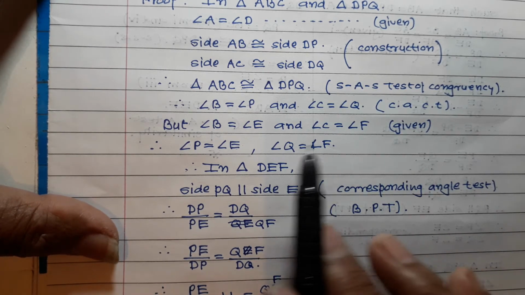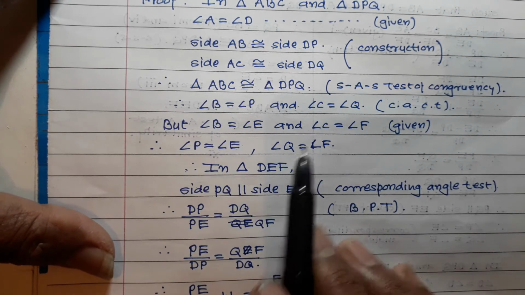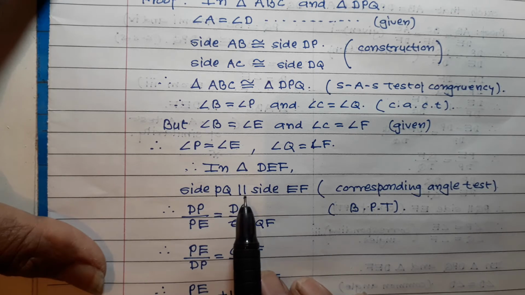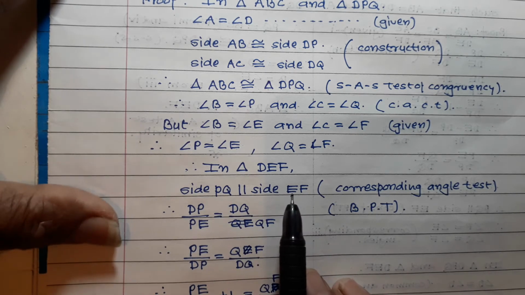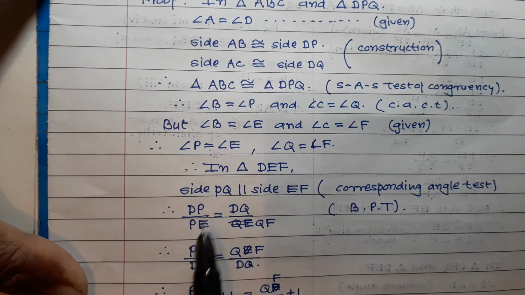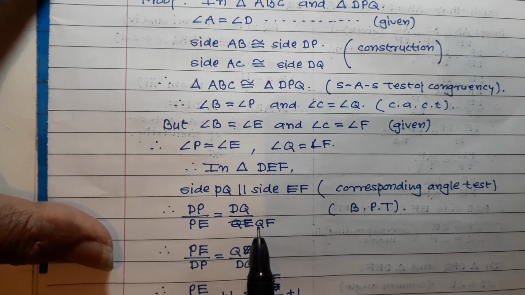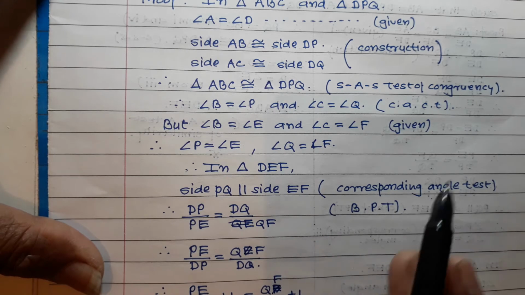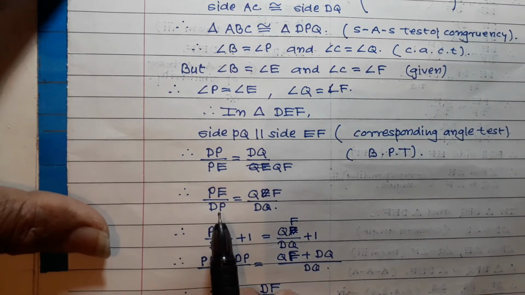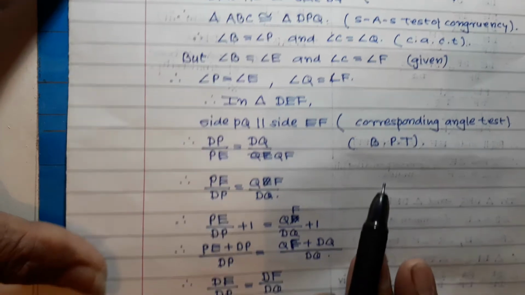These two angles are congruent and they are corresponding angles, and therefore side PQ is parallel to side EF. Therefore DP upon PE is equal to DQ upon QF, by the BPT theorem, and therefore PE upon DP is equal to QF upon DQ.